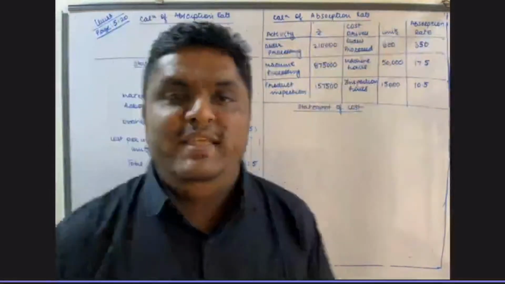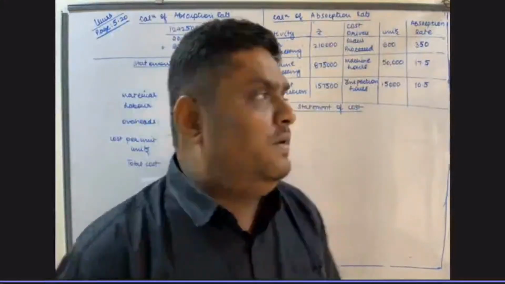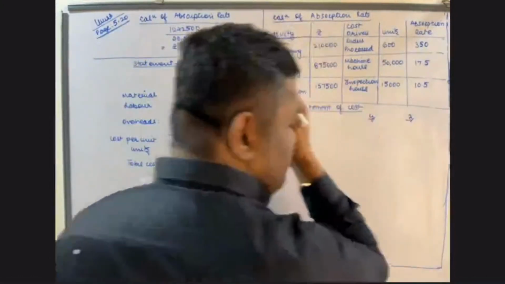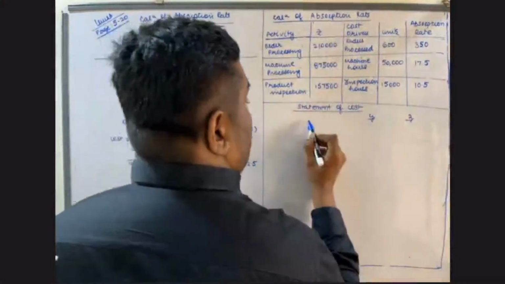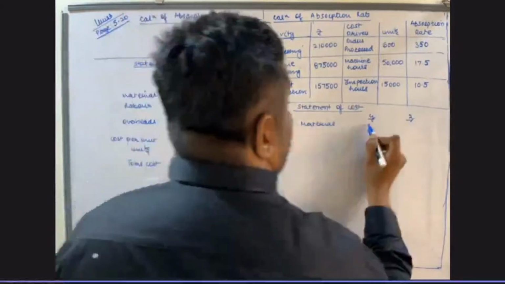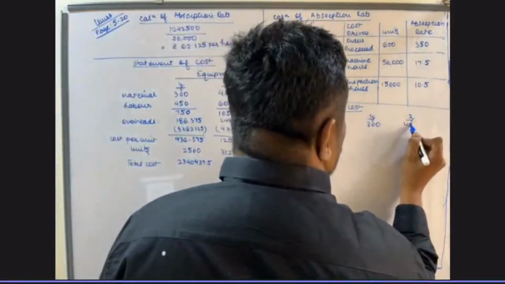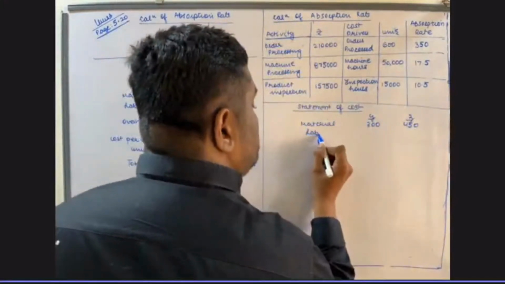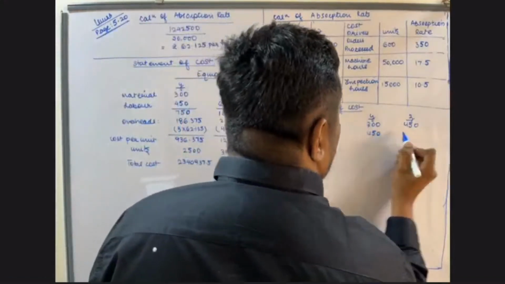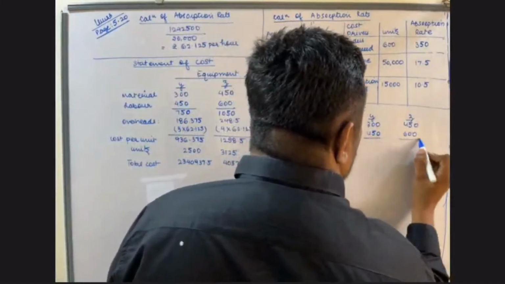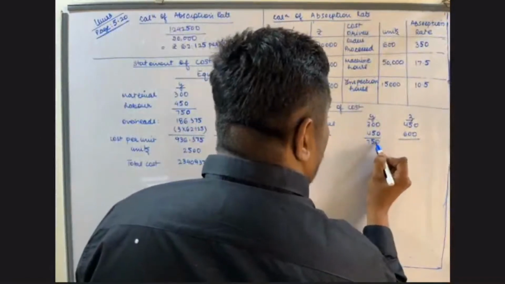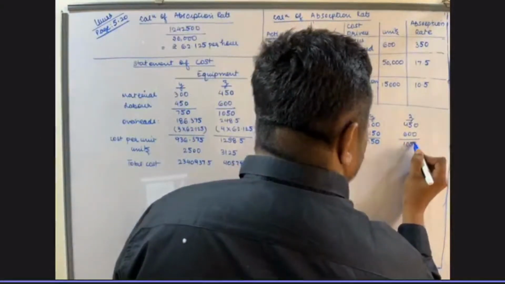Now we can prepare the statement of cost. Again, all the steps are same. You have to follow the steps and solve the question. So herein there are two products, Y and Z. When talking about the material cost, it's given in the question: 300 and 450, and labor cost also, 450 and 600. So my prime cost is 750 and 1050.